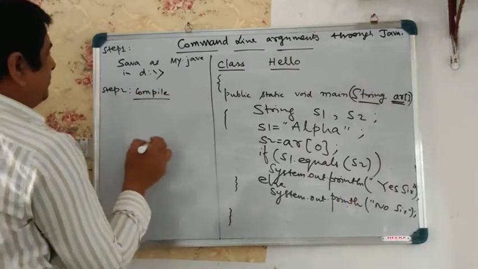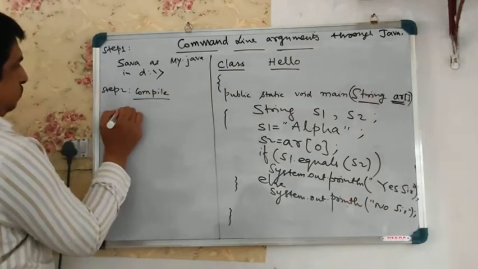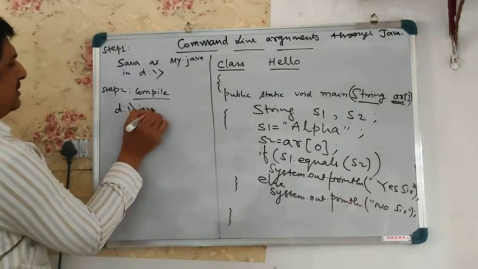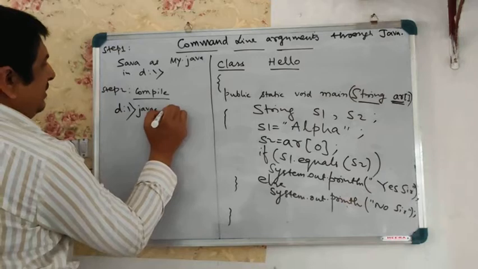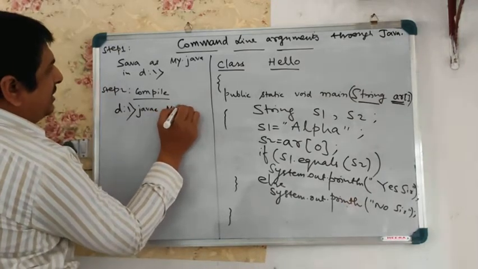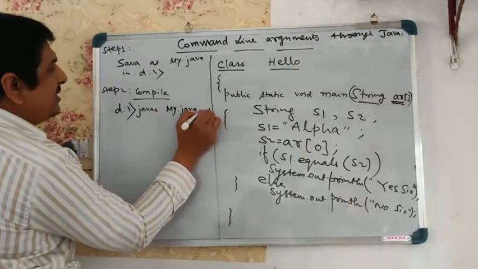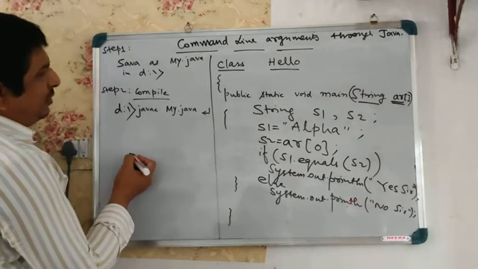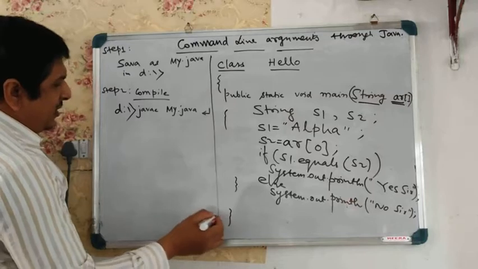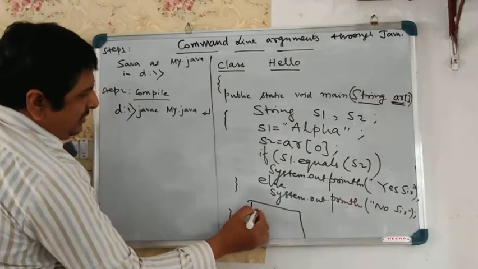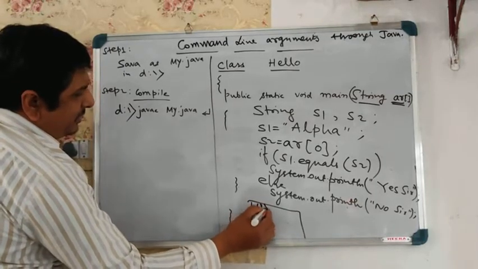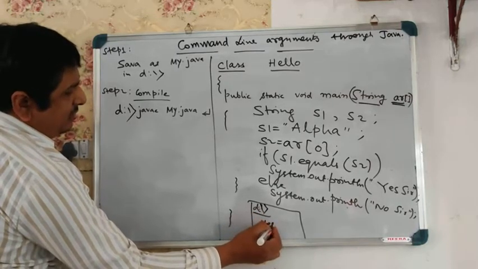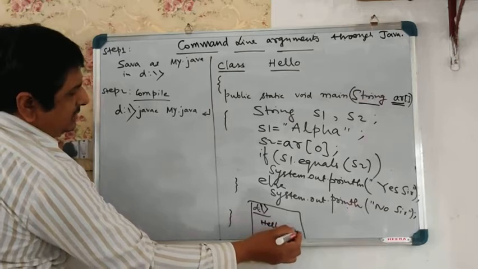We will open the command prompt and write javac Hello.java, because this is the name of my program. If you have done your program correctly, whatever we have written so far, then in D drive you will have Hello.class.